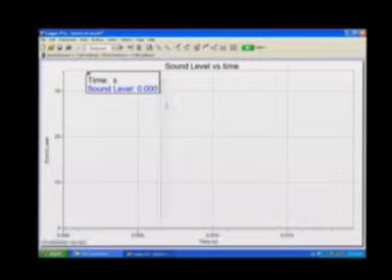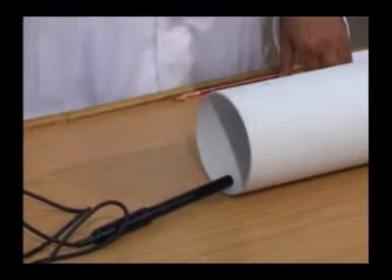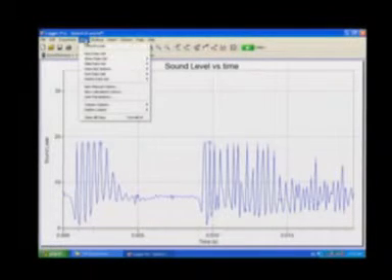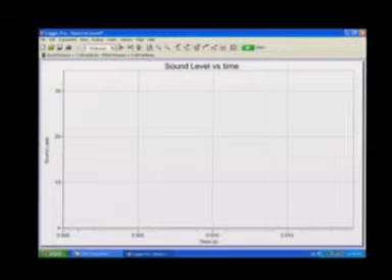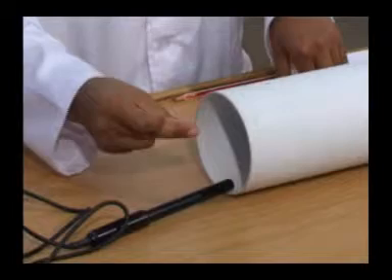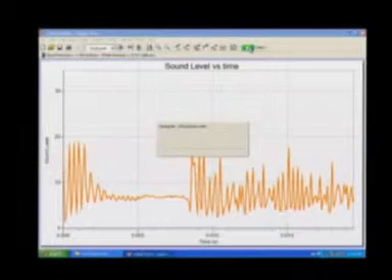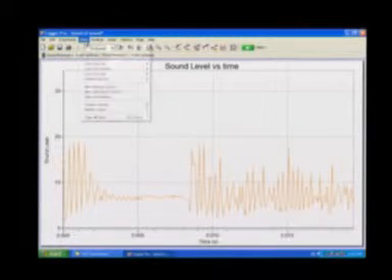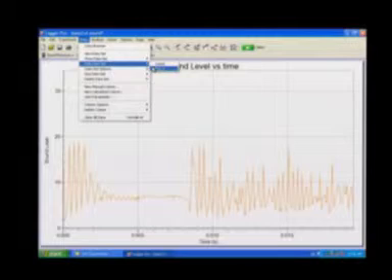You have to repeat this a couple of times. So we take the second run. Here we go. Keep that. Take the next one, run 3. We'll keep that one. Take the next one, run 4.